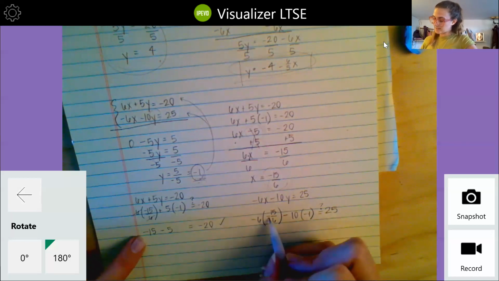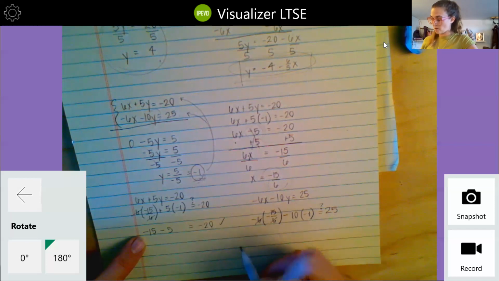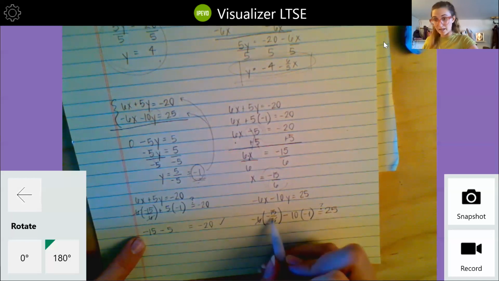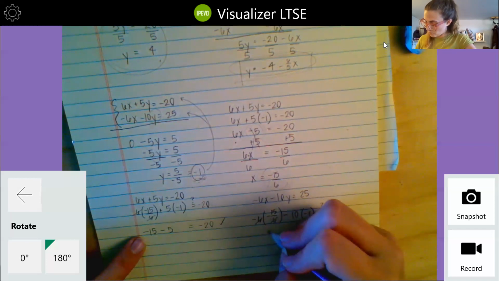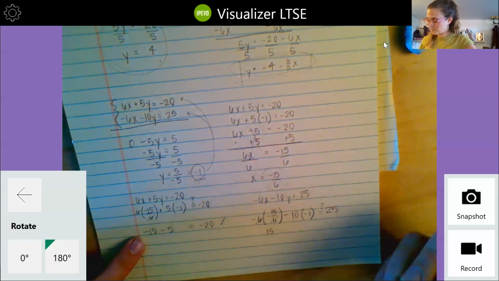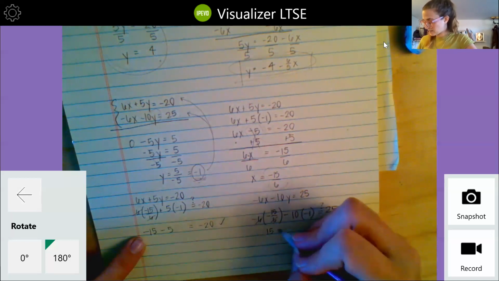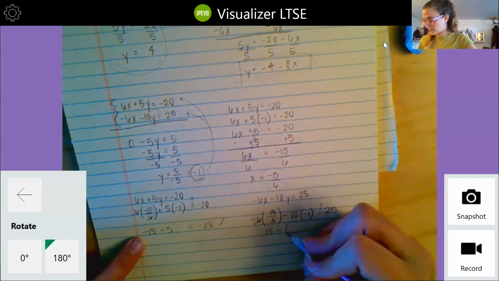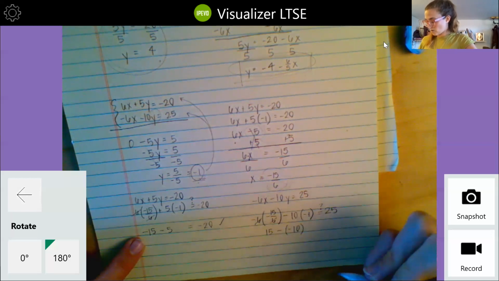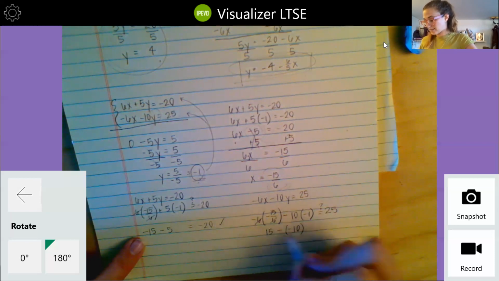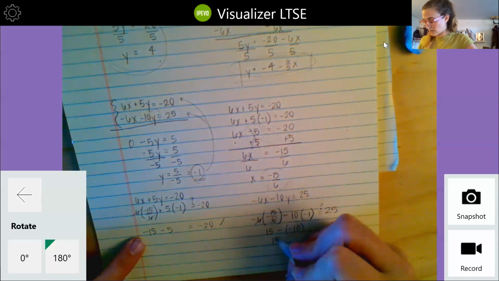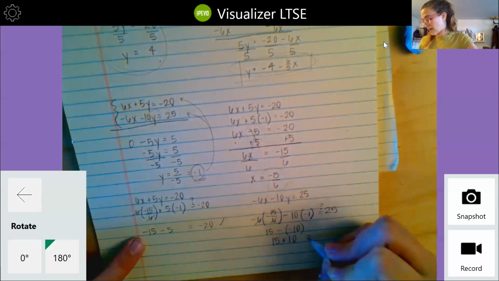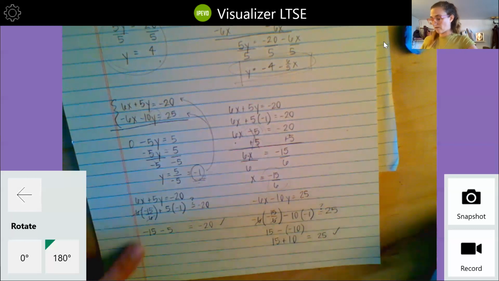Well, -6 times -15 over 6, the 6's cancel out, and I'm left with a negative times a negative. It's equal to positive 15. And then minus 10 times -1 is -10. Well, 15 minus a -10 is the same thing as 15 plus 10. And yes, that is equal to 25.